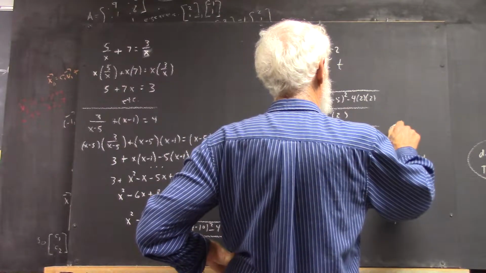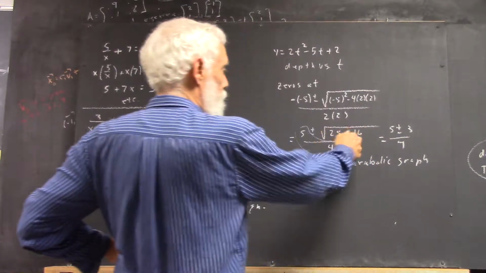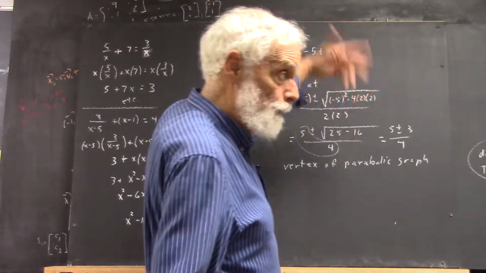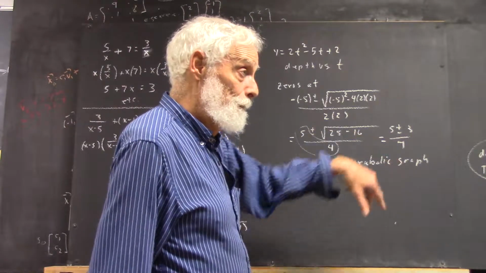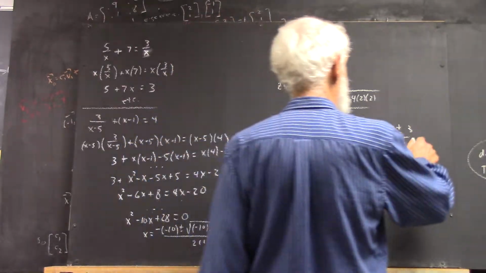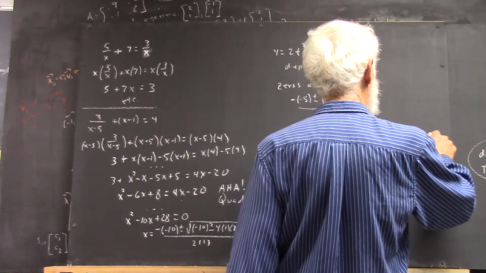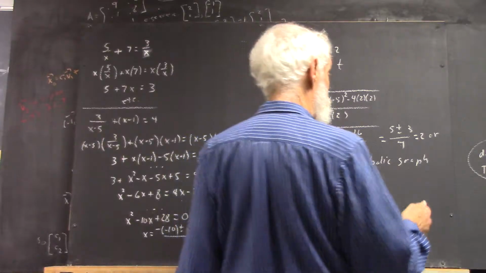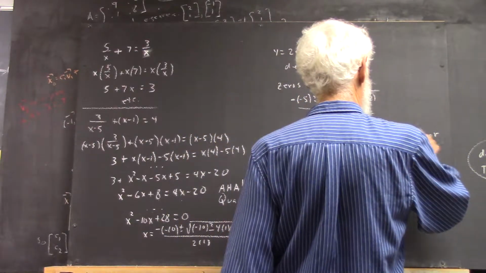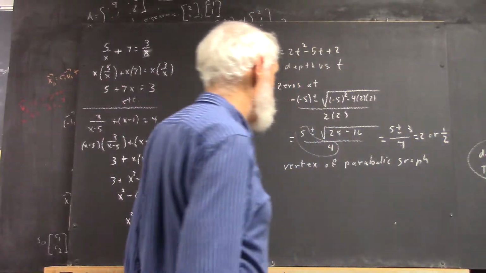Now this is 5 plus or minus 3 over 4, because this simplifies to 9 inside here, and the square root of 9 is 3, right? Yeah, everybody's going to get that. So what you're going to get is 5 plus 3 over 4, which is 2, or 1/2.